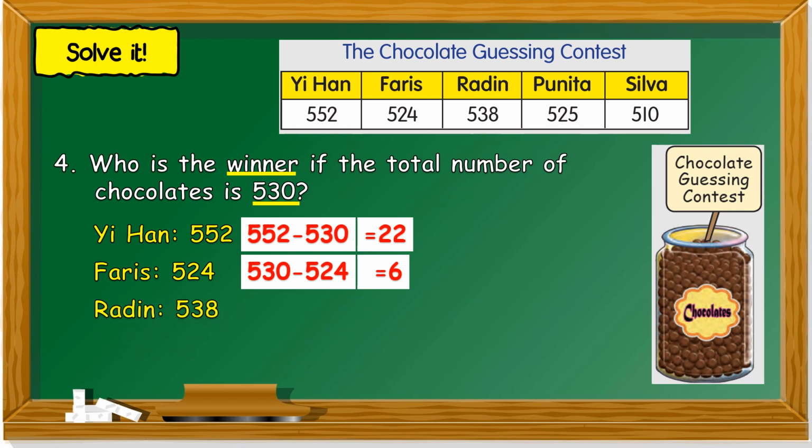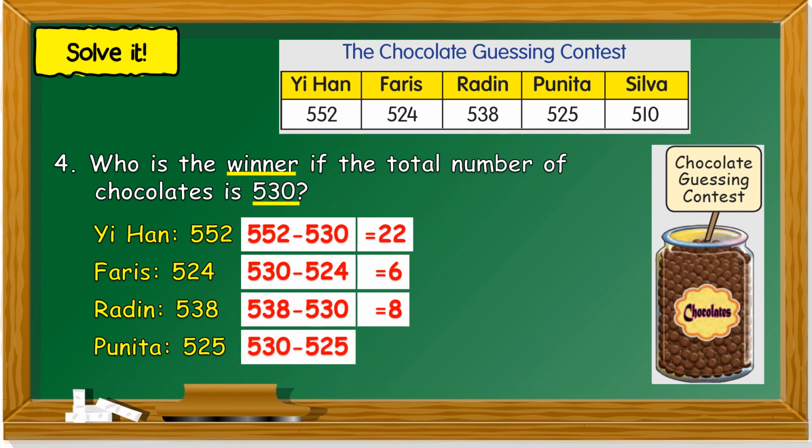Radin guessed 538. So, we minus 530 and we get 8. Punita, 525. We get 530 minus 525. Okay, the answer is 5.